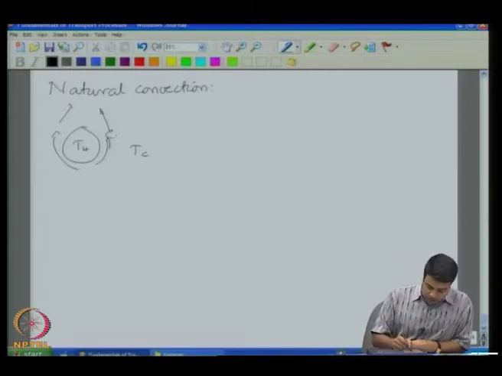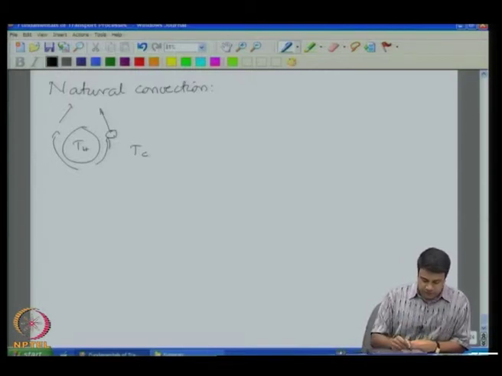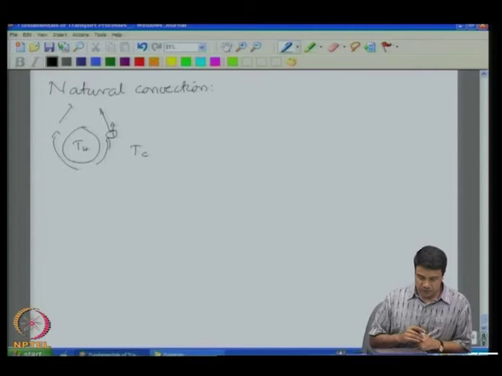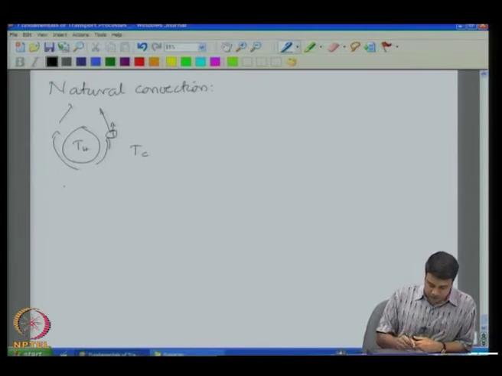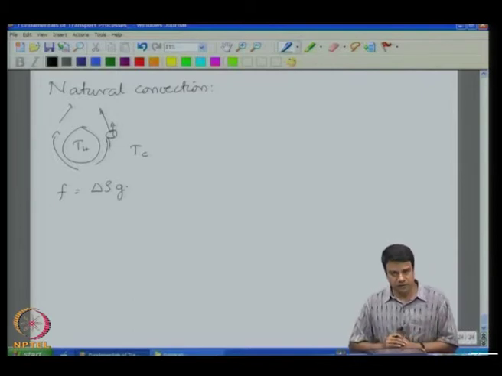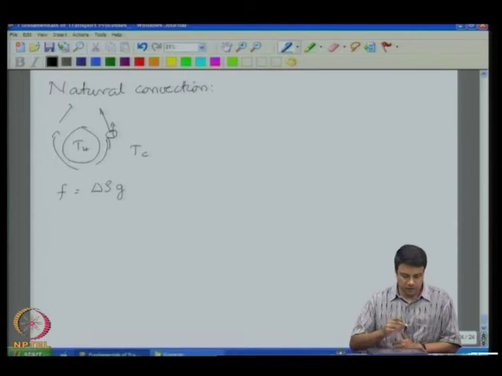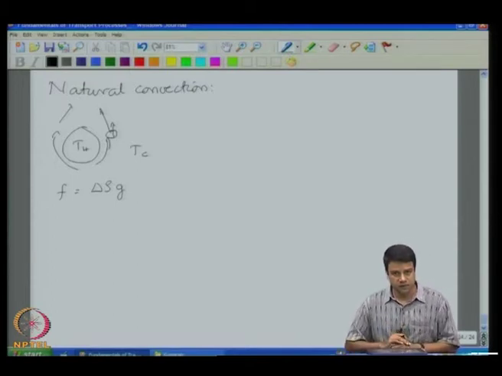If you look at any parcel of fluid here, there is an upward force due to buoyancy that acts on this parcel. What is the force due to buoyancy? That force is equal to the difference in density between this and the outside, times the gravitational acceleration. So, this is a force per unit volume acting on a parcel of fluid because its temperature is higher than the temperature outside.